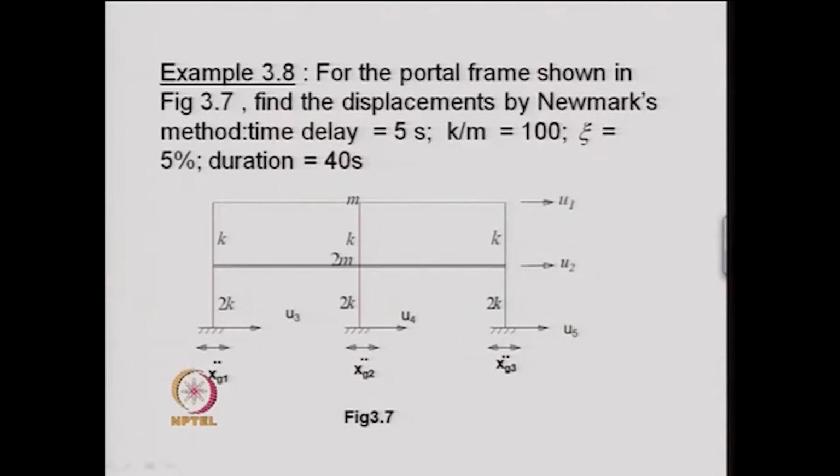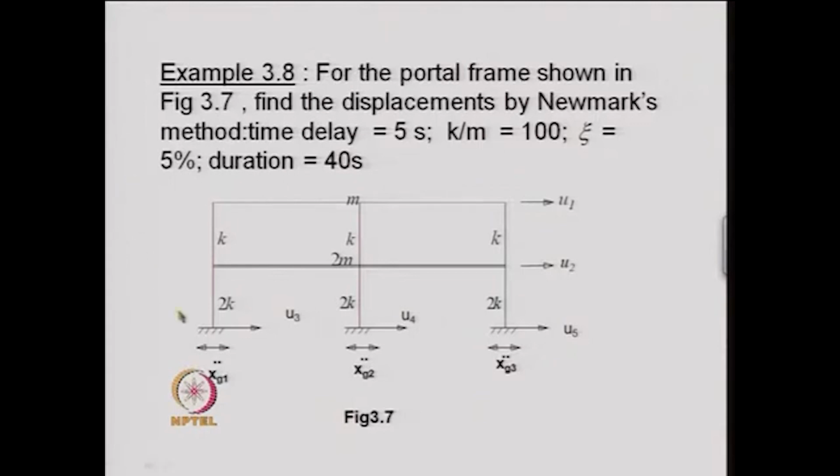Although the same earthquake wave is passing through all three supports, because of the time delay that has been assumed, the excitations at the three supports would be different. In order to understand that, we take 30 seconds duration of the ground motion, which is travelling.